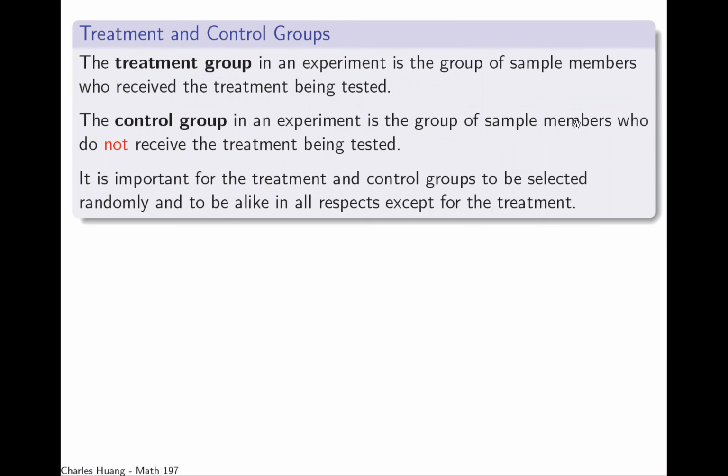Here we have two different groups in an experiment. Typically, we need to have a treatment group and a control group. If you give the same treatment to everyone, let's say you give vitamin C to everyone, and they improve, you actually have no idea what improving means.